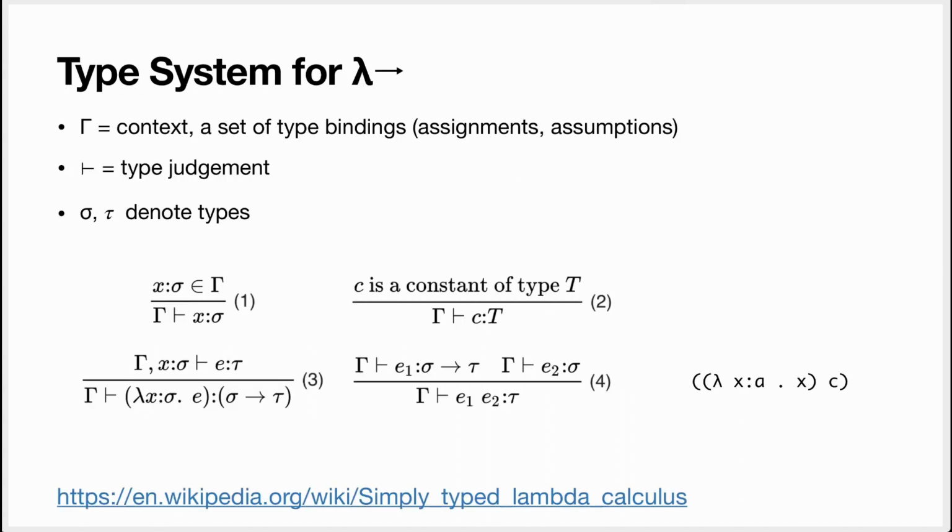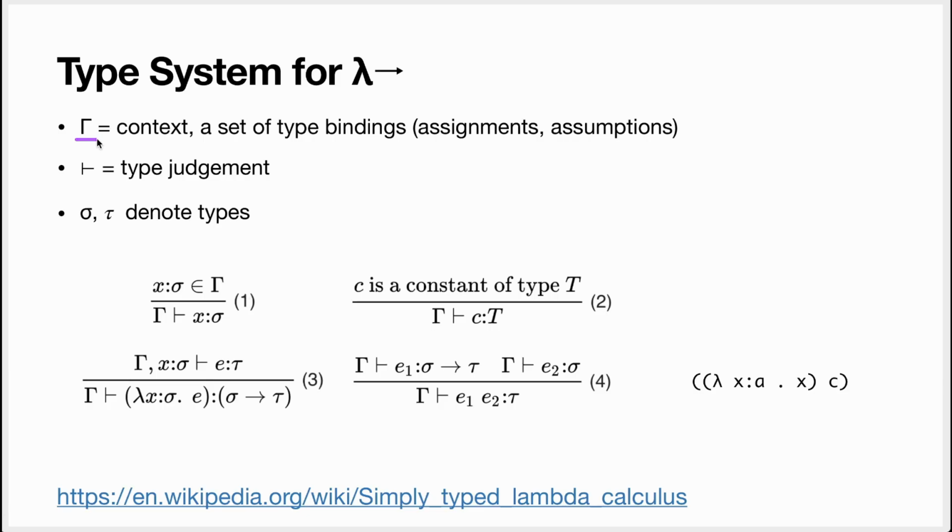Before we discuss Hindley-Milner, which is a type system for the polymorphic lambda calculus, let us discuss the type system for the simply typed lambda calculus, which is denoted by this symbol. So we have 4 inference rules, with one or multiple premises on the top and a conclusion on the bottom. You may notice the symbols in the rules.